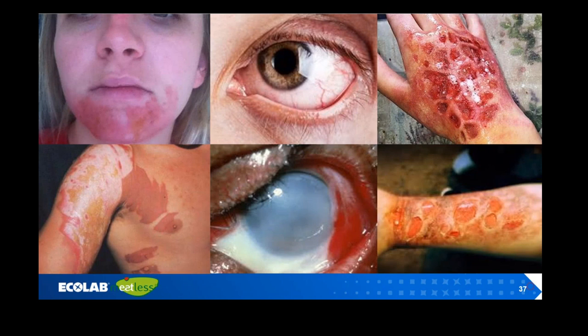It was an alkaline product, and he can now only see 5% with that eye. Oh, really? So it's really important to use protective equipment for your own safety, but also for the safety of your colleagues.